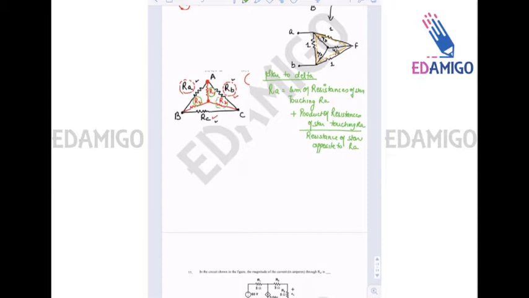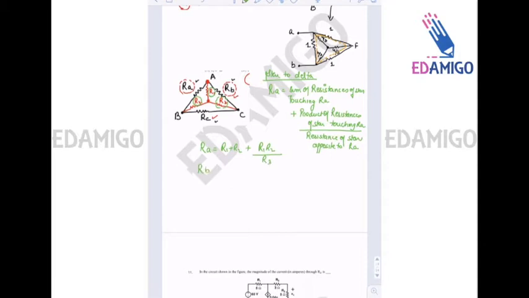So if you remember this, RA is the resistances touching it, R1 plus R2, plus the product of the resistances touching it, R1 R2, divided by the resistance opposite to it, that is R3.